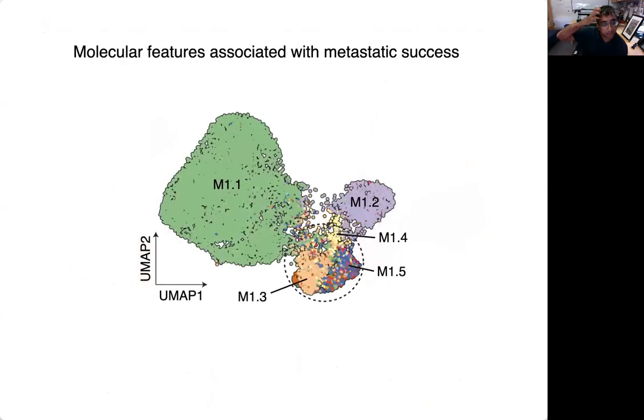Okay, and so the other question we can ask here is, as I mentioned earlier, we have the 10x transcriptomes of these cells, so we can look at molecular features that are associated with clones that appear to be really successful in terms of metastasis, and clones that are maybe detectable in the primary tumor, but not necessarily in the metastases, and that's the clones that would occupy the circled region there.